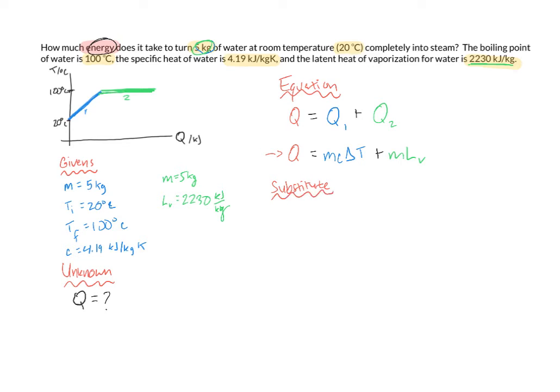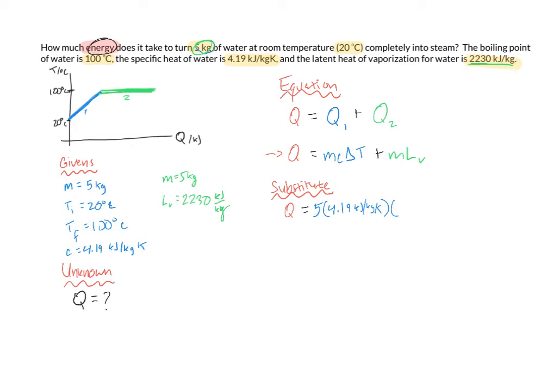So let's talk about our substitution step. Let's go ahead and substitute in our numbers. Again, Q is our unknown, so it's going to stay the same. Our mass is 5 kilograms. C is 4.19 kilojoules per kilogram Kelvin.